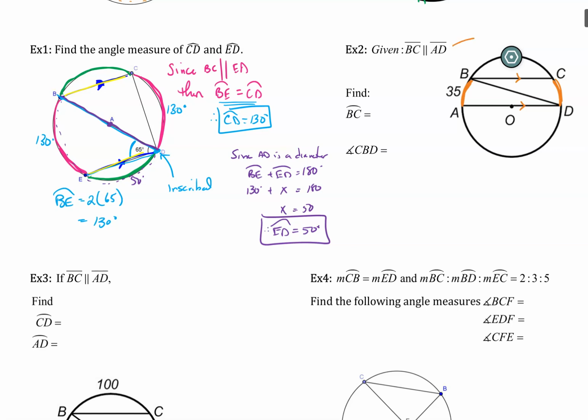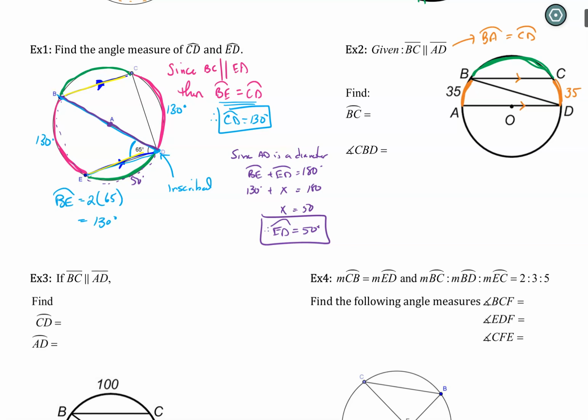Given this information, we know that arc BA is equal to arc CD. Arc BA or arc AB doesn't matter, same thing. And we're asked to find BC, which is this portion up here. They tell me that AB is 35, so CD is also 35.